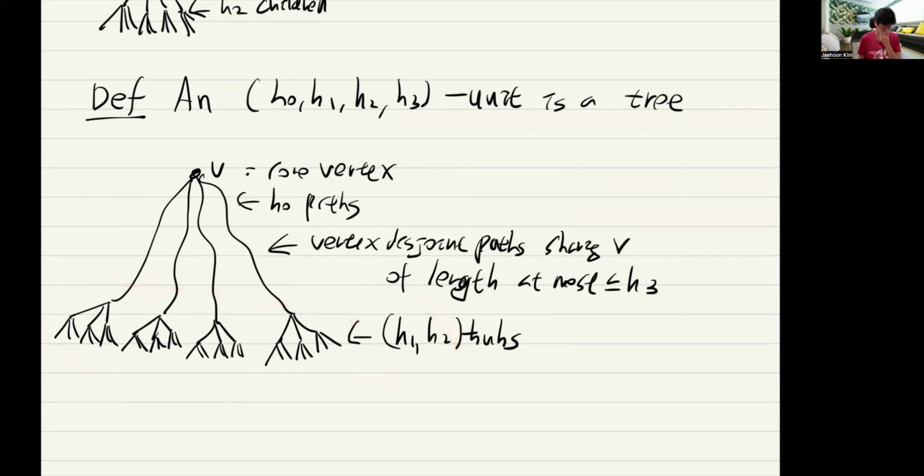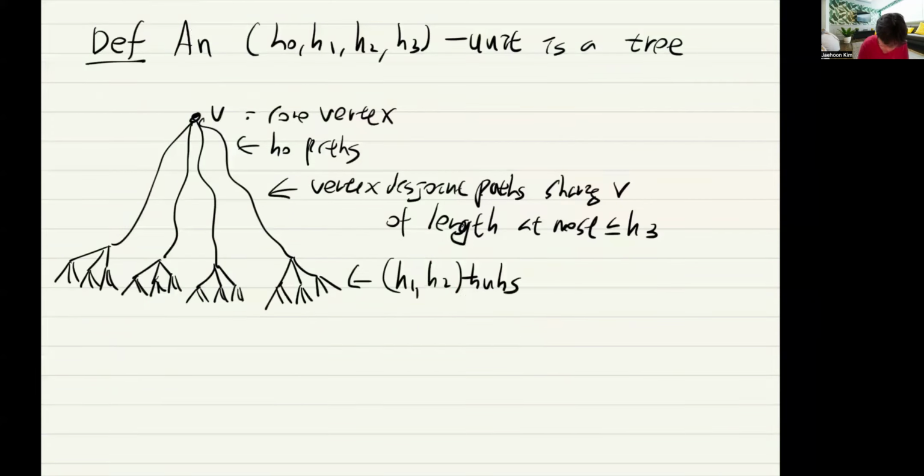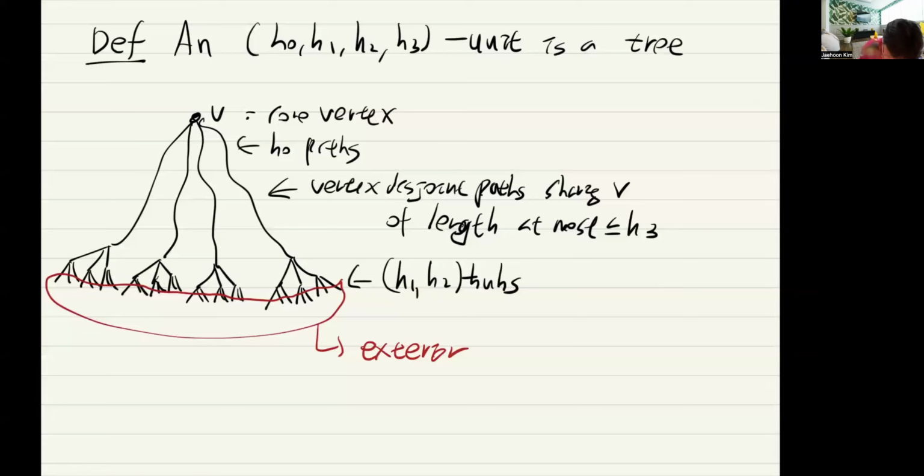So this is a unit. And then we say the leaves here are the exterior, and the remaining is the interior.